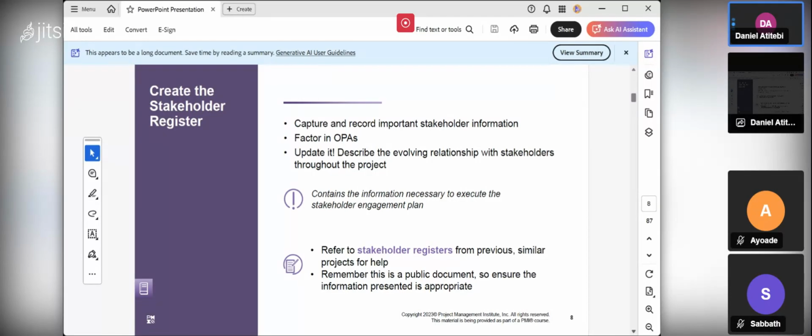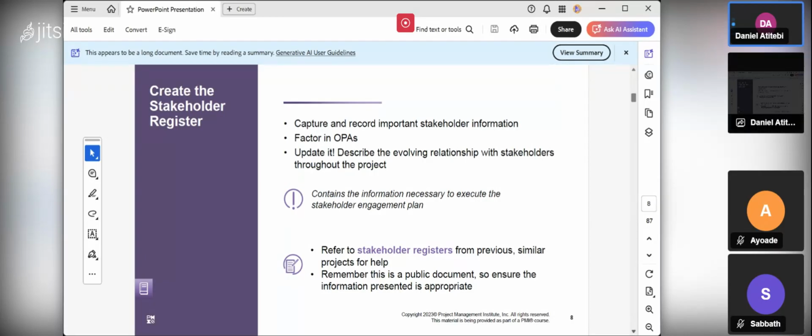But the key stakeholders you have to identify earlier, because those play a major role at the starting point of your project. For example, before you start a project, you know who the sponsor is. We know who the champion and project sponsor are, the key people at the strategic level who have impact on the project.